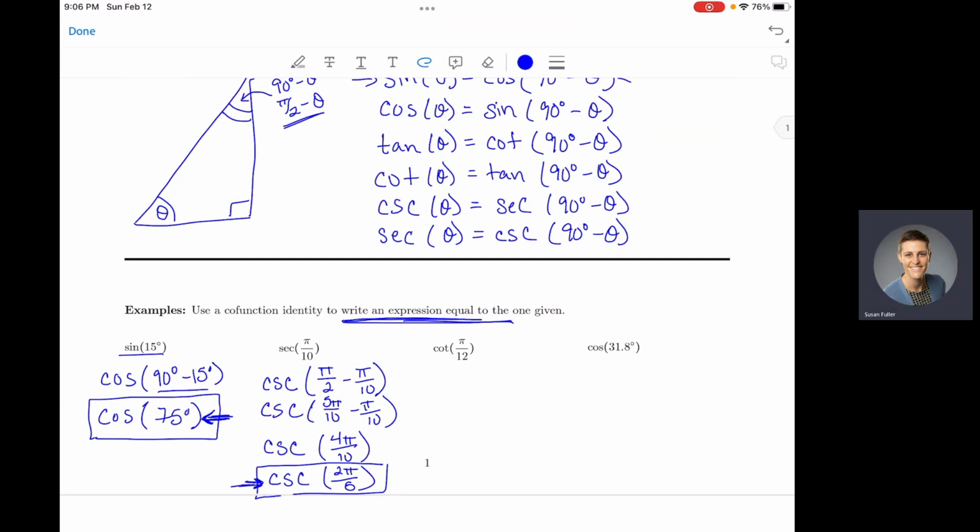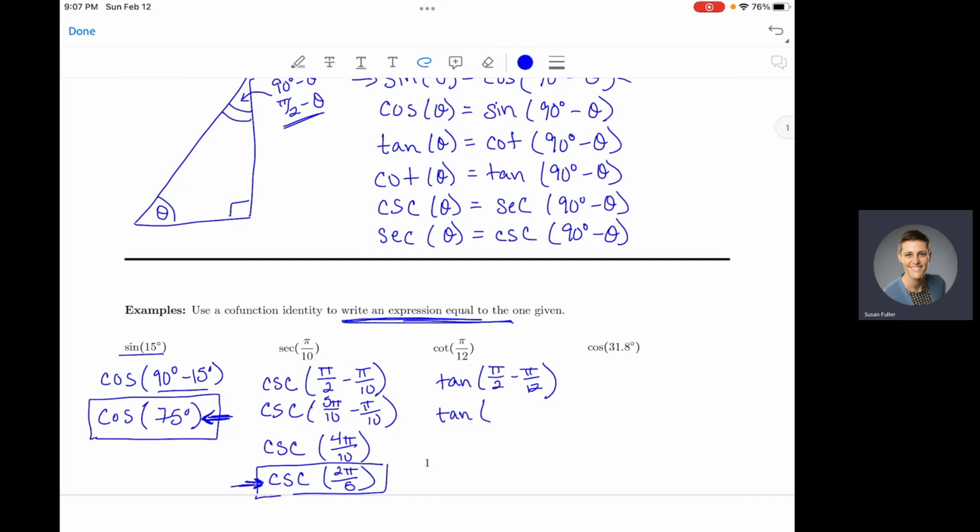Okay, next one, cotangent. Well, I know the cotangent switches values with tangent. So I just have to figure out what the angle is, and it's going to be the other angle in a right triangle that's not the 90 degrees. So I'm going to take pi over 2 and subtract pi over 12 to figure out what that other acute angle in the triangle would be. And now I just have to fight through the arithmetic here.